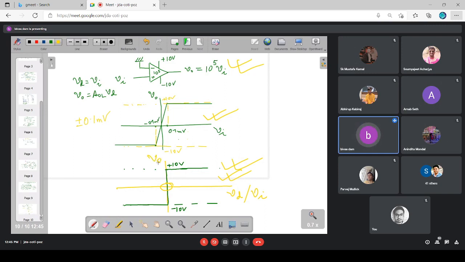V0 versus VD or V0 versus VI, if I plot it, it will be something like this. Now, even you can forget about the VI. You may say this is VI2 and this is VI1. So what will be your VD? VI2 minus VI1. Okay. So in that case, this characteristics will be the same if I replace this VI by VD.